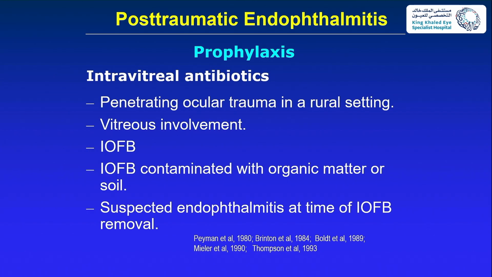So intravitreal antibiotic, you remember I told you that one of the important risk factors is trauma in a rural setting, in a farm. So this is an important indication. Also, presence of an intraocular foreign body contaminated with organic material or soil.